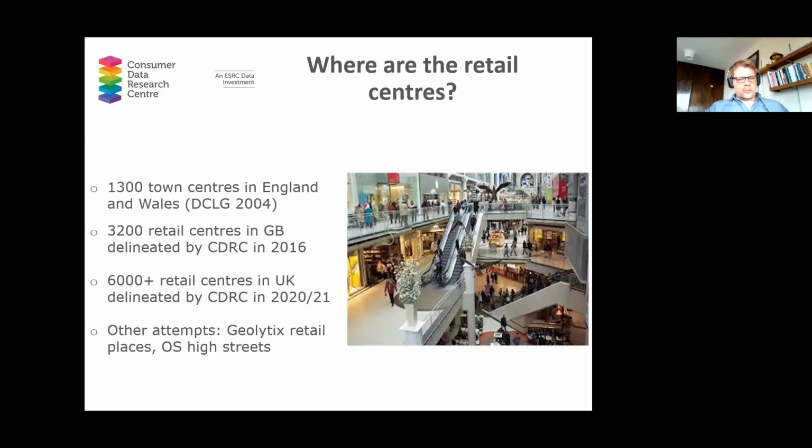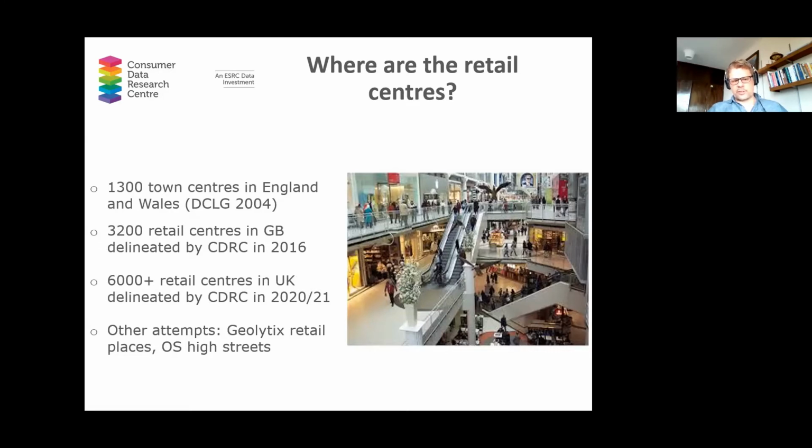Then I am going to cover the retail centres developed by CDRC, and there were two different iterations, the first of which happened about 5 years ago, where we developed over 3,000 retail centres for the GB extent. And currently we are still working on our new retail centres. We have delineated over 6,000 retail centres, and they are just about to be published on the CDRC website.